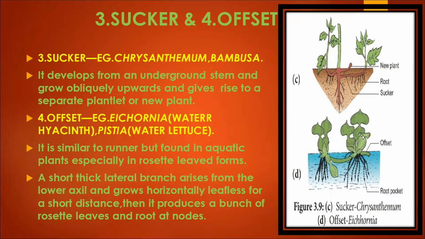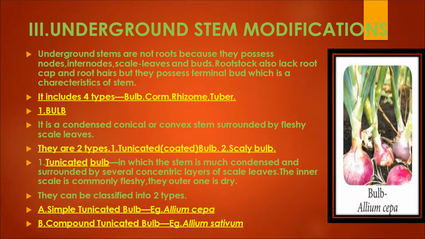These plants have a special type of leaves, that is rosette-form leaves, in which all the leaves will be attached at a point, called a node, and a short thick lateral branch arises from this lower axis, which will grow horizontally without leaf for a short distance. Then it produces a bunch of rosette leaves on top and roots down at the nodes. Example Eichhornia. This is the picture of the Eichhornia offset.